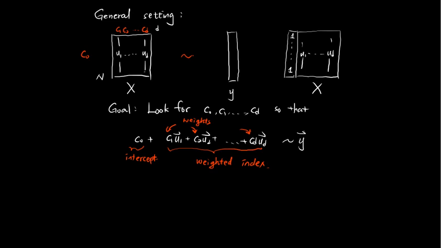By doing so, you can say, okay, I want C0 to be here. C0 times 1 is C0, right? So I want C0 to be a constant in the first column, and then I still do C1 up to CD. So what you can do is assign an all-ones vector in the front, so that C0 is just a usual weight in the front.